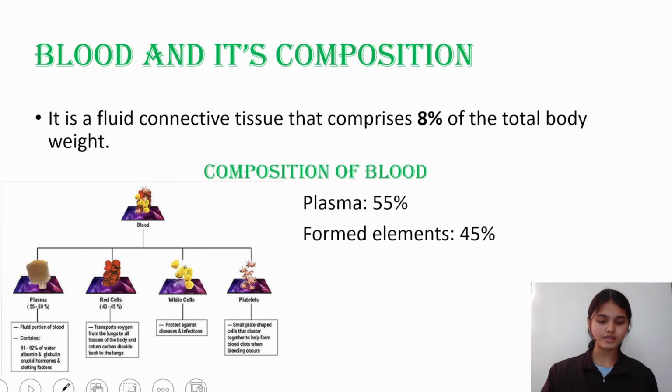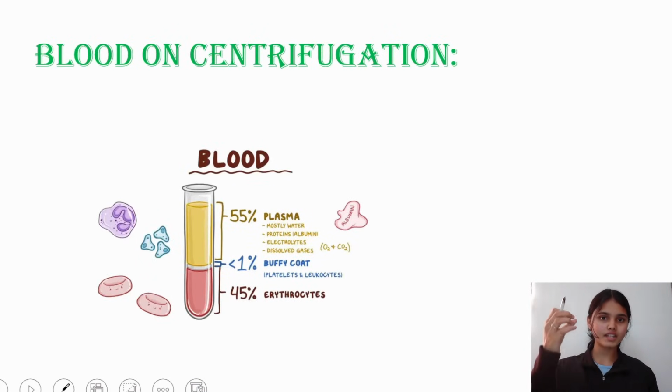And formed elements, which contain RBCs, WBCs, and the platelets, comprise the formed element part of the blood, and they are about 45% in total. Now, if we take blood and we centrifuge it, three layers are formed: plasma, buffy coat, and erythrocytes.